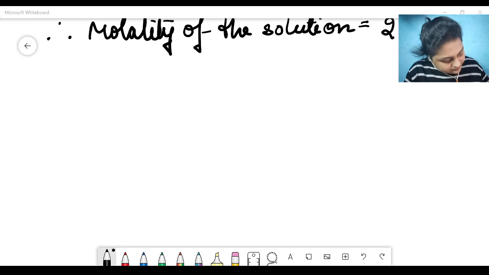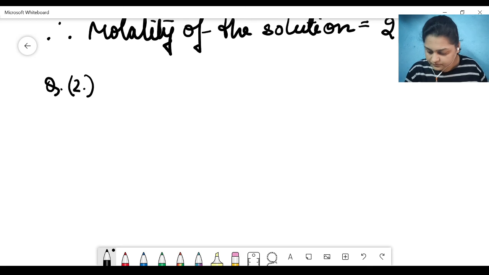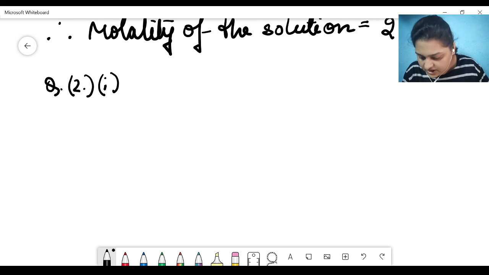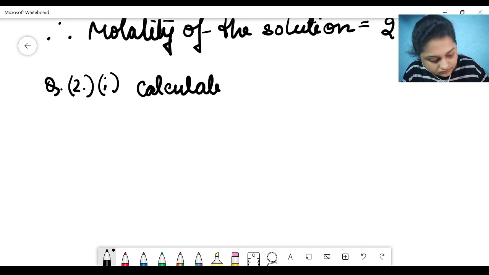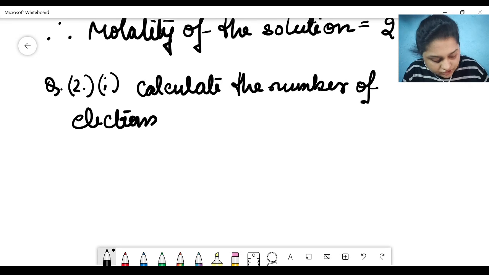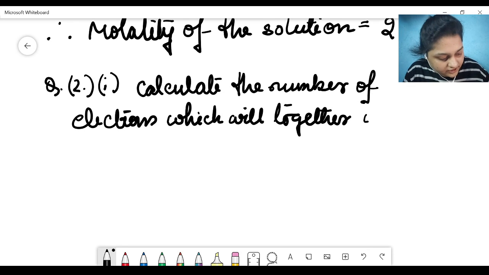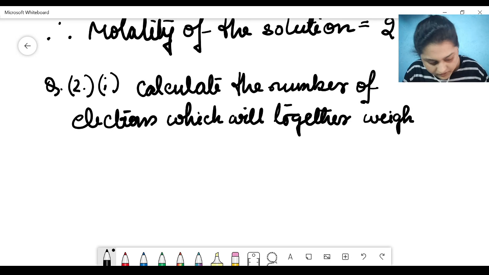The question is saying, calculate the number of electrons which will together weigh 1 gram.